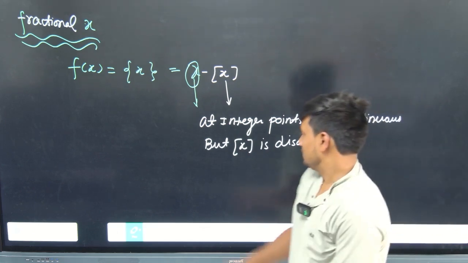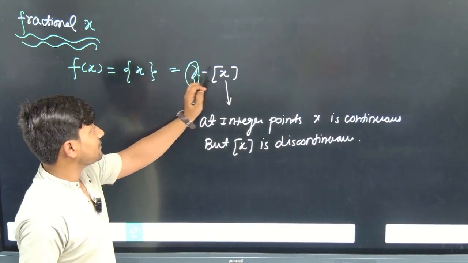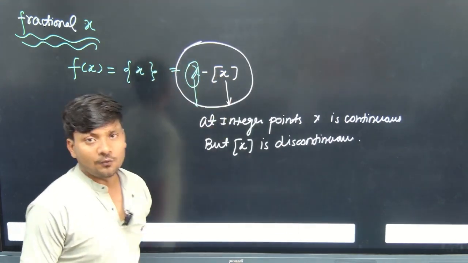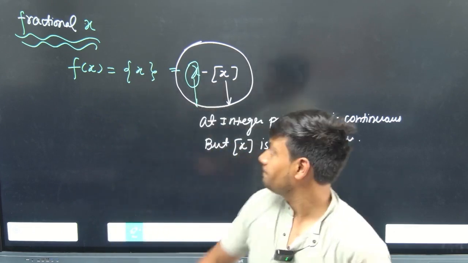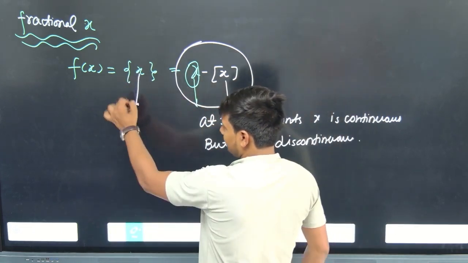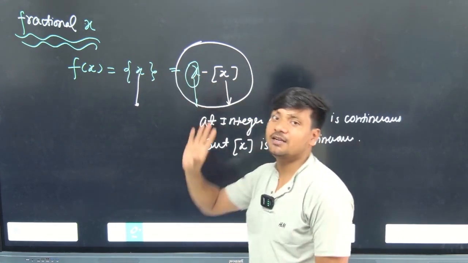Hence the whole function will be discontinuous whenever x is integer. So here we got a result that whenever x is integer, then the fractional function will be discontinuous.